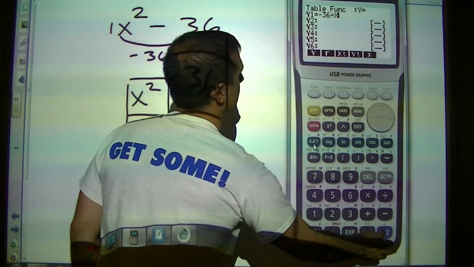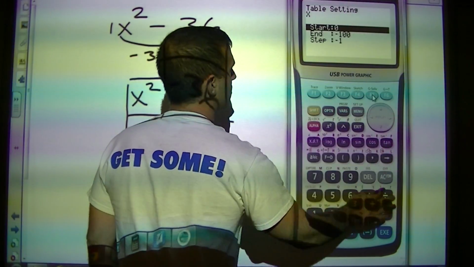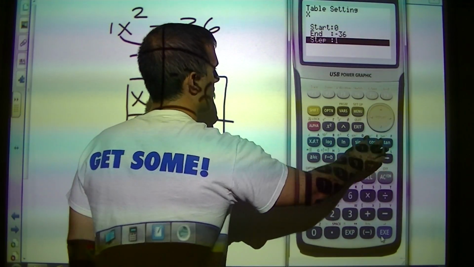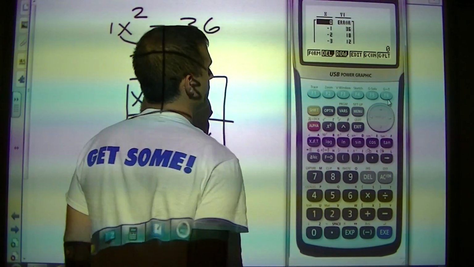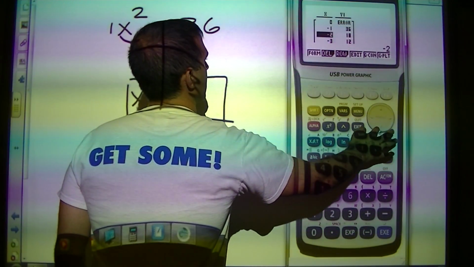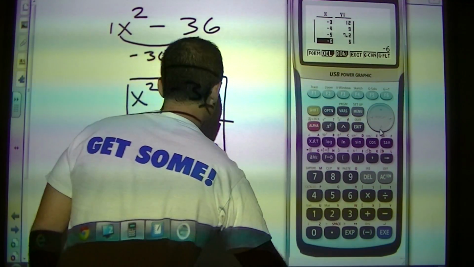Divided by x, okay? I'm setting my table. Exit table. I'm looking for the set that adds up to 0. Okay, there it is, negative 6 and 6.